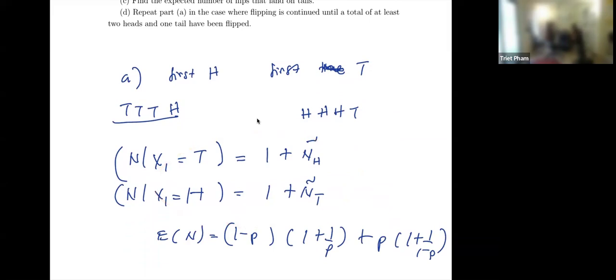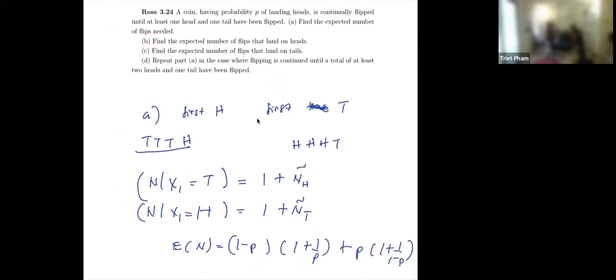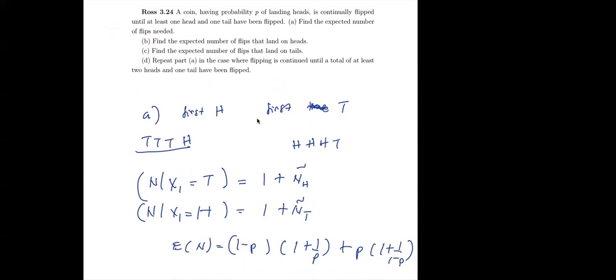All right. Let's now look at B and C then. We talked about sums where the upper bound is random.